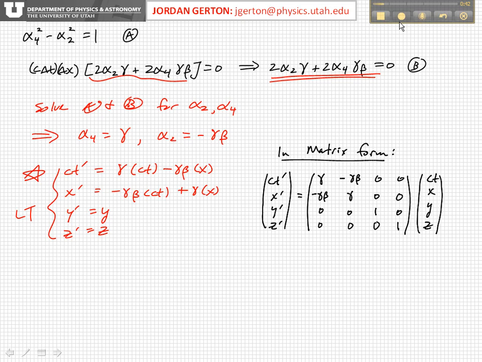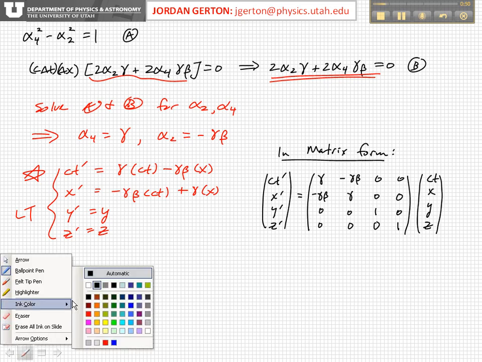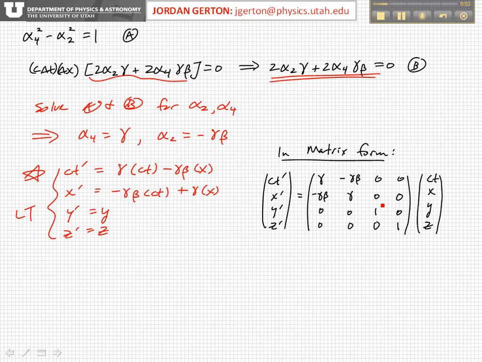So here are the Lorentz transform equations written in matrix form, and recall that when you multiply a column vector, in this case a 4-vector, four coordinates, the time and the three spatial coordinates, by a matrix, the way that you do this is that each element in the column vector gets multiplied by a particular row. So it would be gamma.